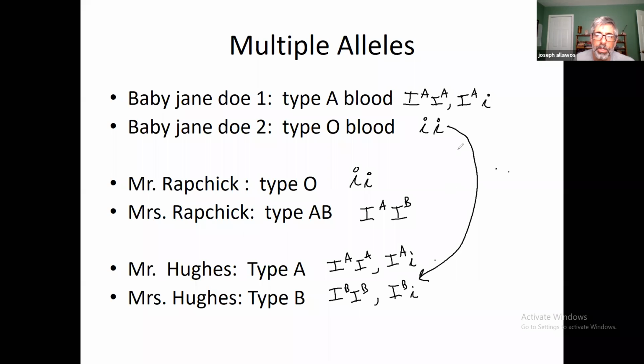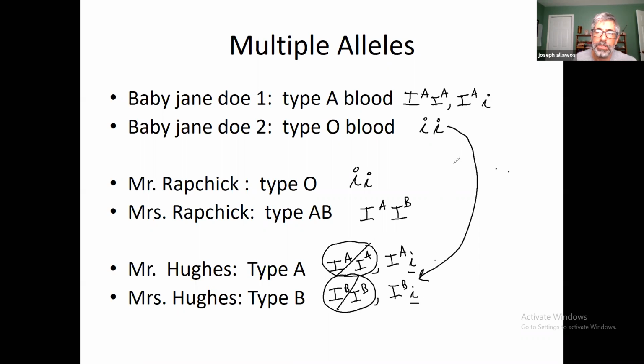We certainly do. If they're making a type O baby, then they both have to have a little I. And so we can eliminate this genotype and this genotype, and we can say safely Mr. Hughes is heterozygous type A and Mrs. Hughes is heterozygous type B.